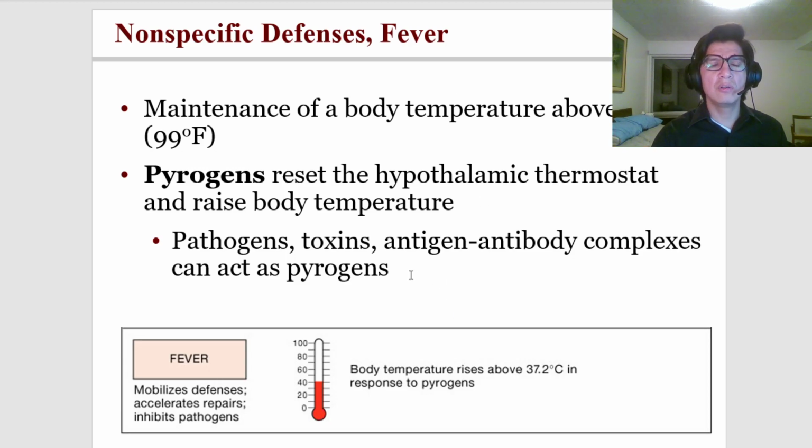And our cells have chaperone proteins that make us somewhat heat resistant. The chaperone proteins allow our proteins to still function. Apparently, viruses and bacteria are not as resistant as we are.